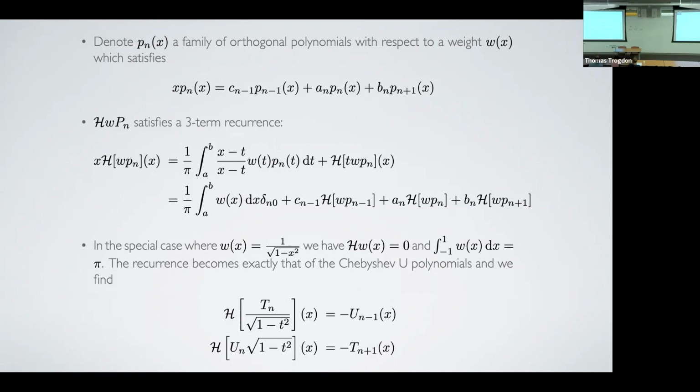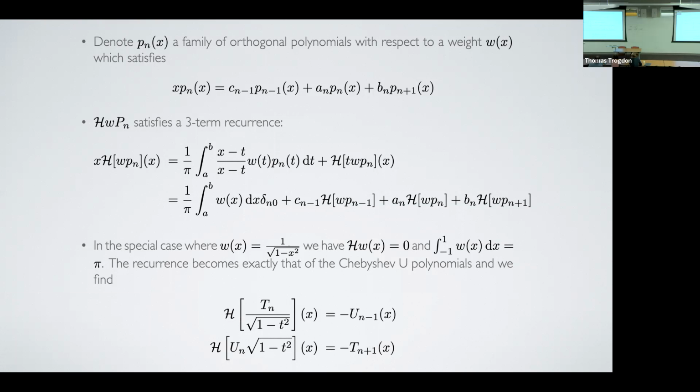This is something many people will be familiar with: how do we figure out the Hilbert transform of a weighted orthogonal polynomial? Orthogonal polynomials satisfy a three-term recurrence. And it turns out that for the Hilbert transform of weighted orthogonal polynomials, if we multiply by x, we just do x minus t plus t. From this, apart from the initial condition from the n equals 0 case, the Hilbert transform of weighted orthogonal polynomials satisfies the exact same three-term recurrence as the orthogonal polynomials themselves.